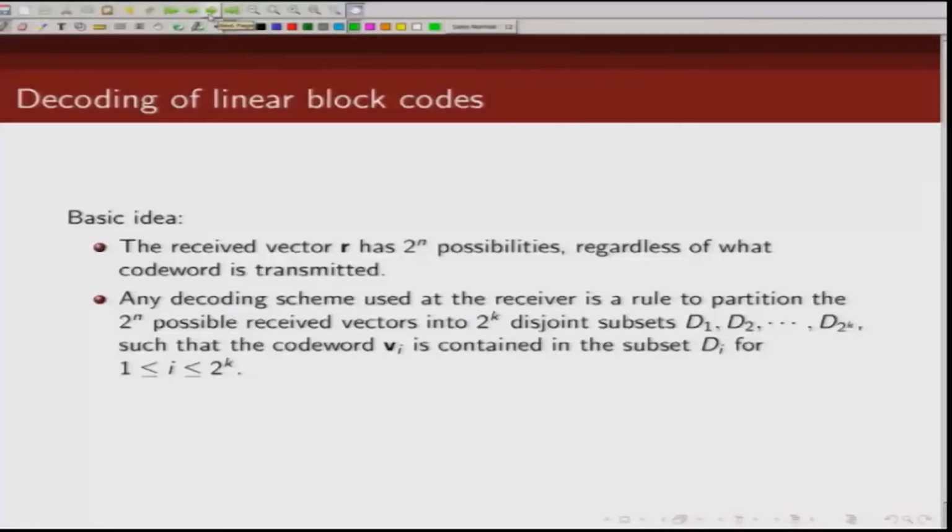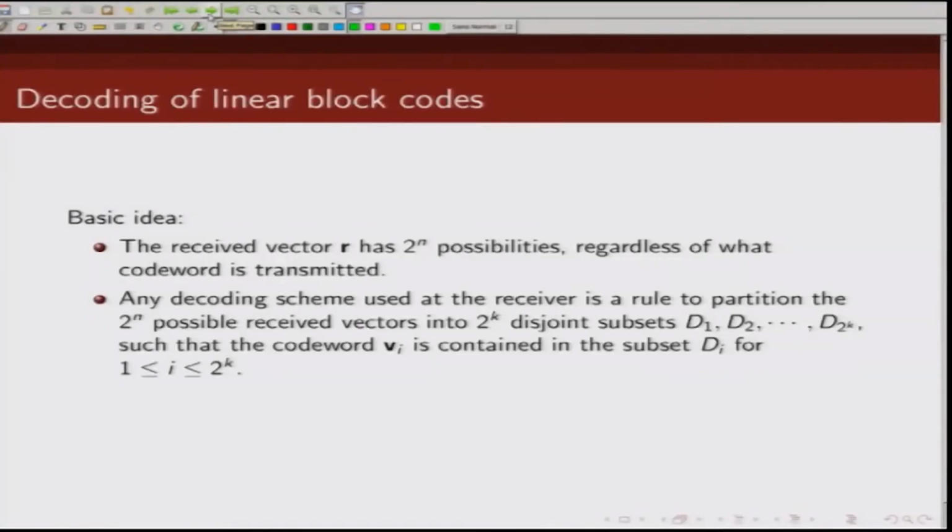So you can think of it as we have a total of 2^n possibilities, and we want to partition these into 2^k different balls in some sense, and each ball has one code word associated with it. That is basically our decoding problem. So how do we partition these 2^n different possibilities into 2^k sets is what we are going to talk about.